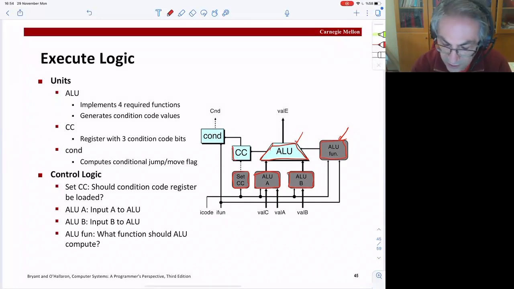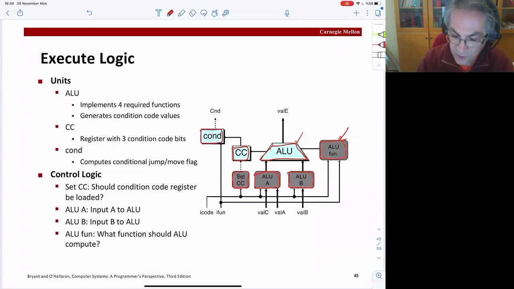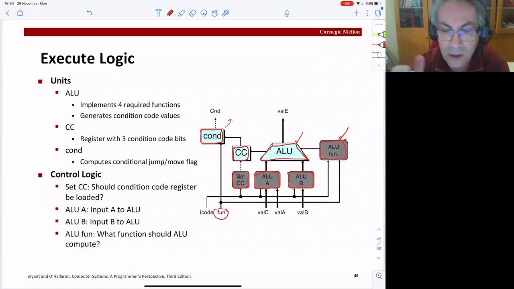Or when I talk about CC, then it's pretty easy. It's like just three registers, right? And then I have, for example, this condition, basically the signal generator, which takes two things. It takes the IFUN, and remember the condition signal, it checks whether the condition for a conditional instruction is satisfied or not, which happens in a conditional move case or a conditional jump.